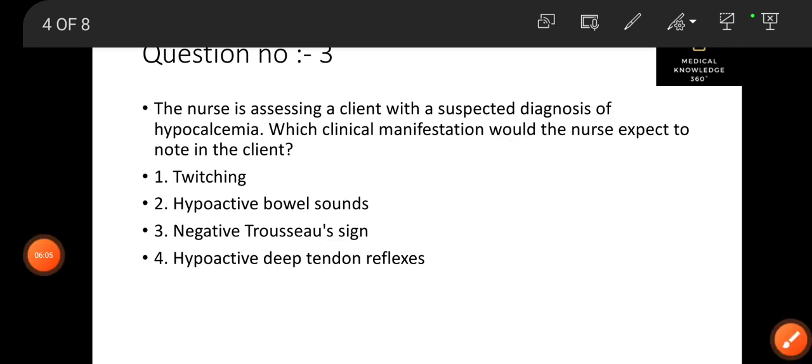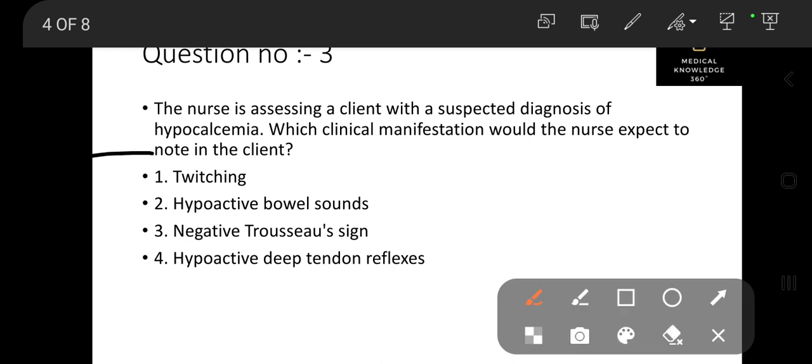A serum calcium level lower than 9 mg per dl indicates hypocalcemia. So, in this patient, there is hypocalcemia, that is, the serum calcium level is less than 9 mg per dl. So, what are the signs of hypocalcemia?